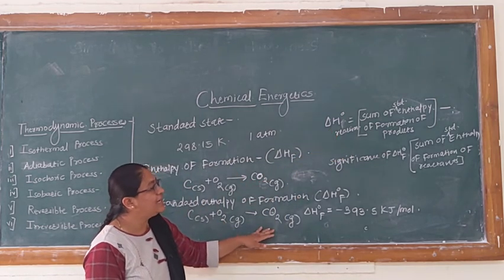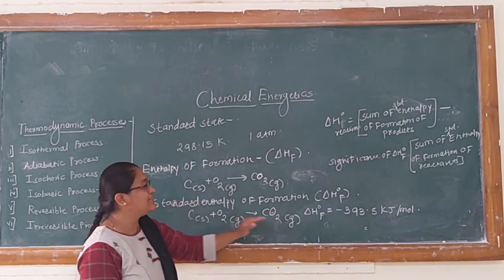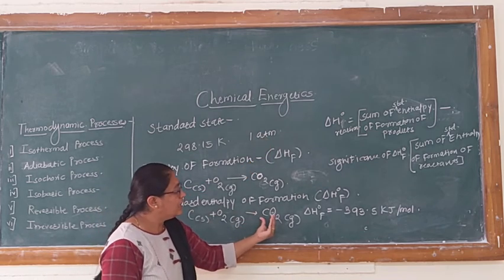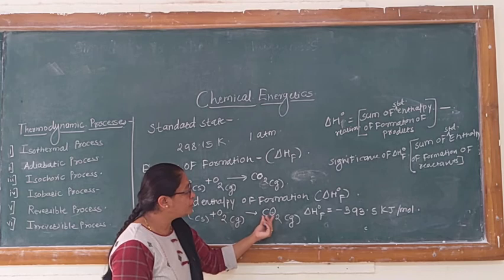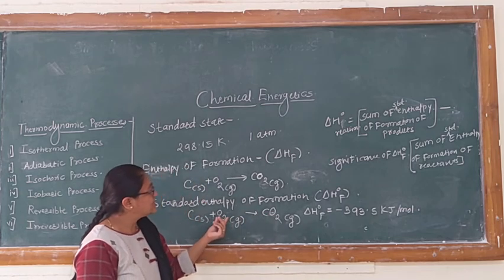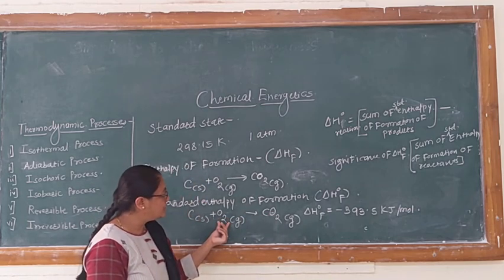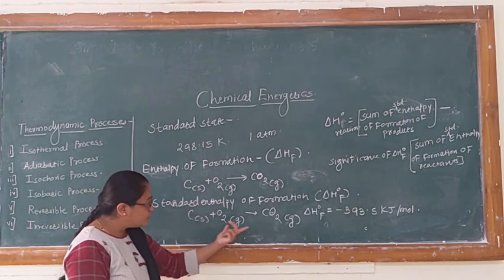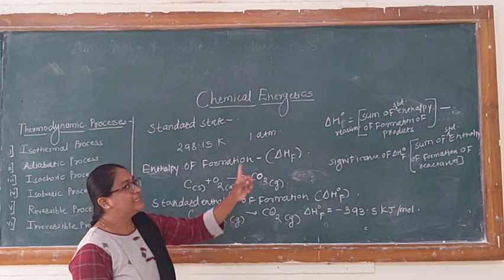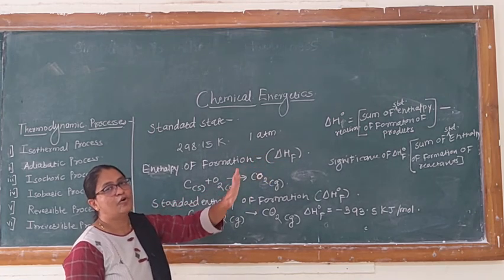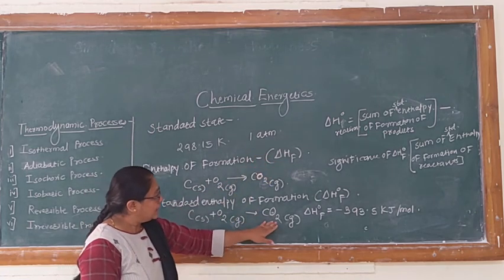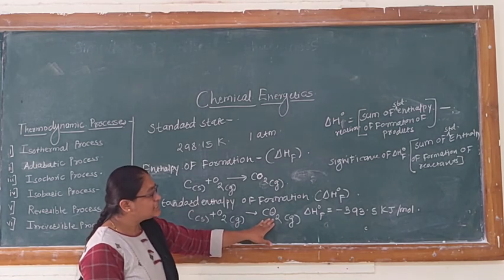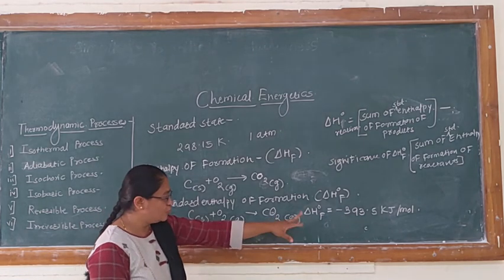If you want to calculate delta H0 for this reaction, you must know the standard enthalpy of formation of carbon dioxide, of oxygen, and of carbon. If you know these values, you will get the standard enthalpy for the reaction.